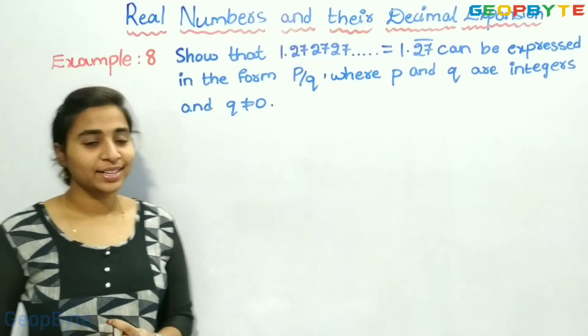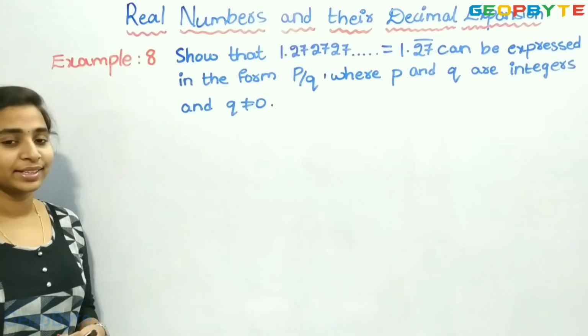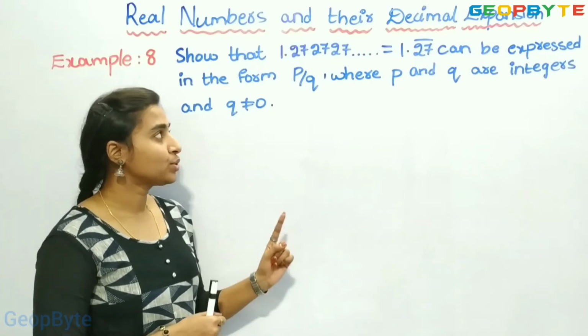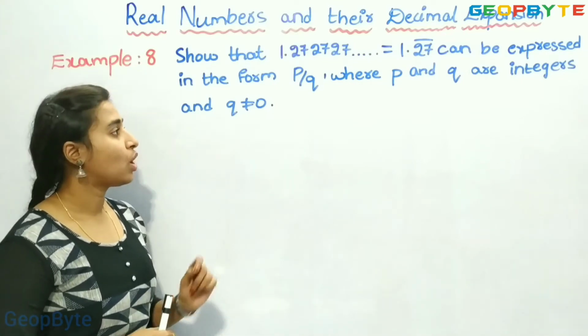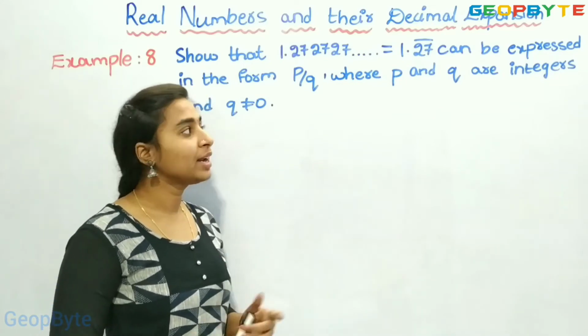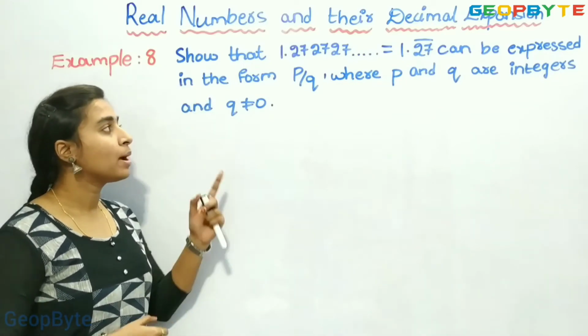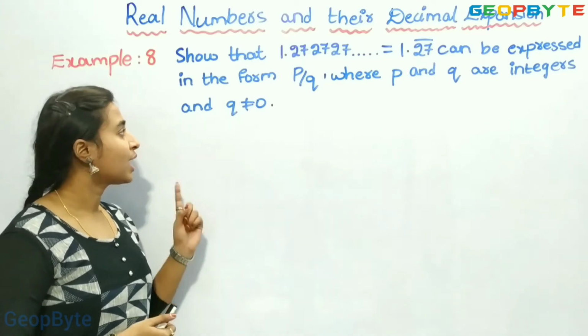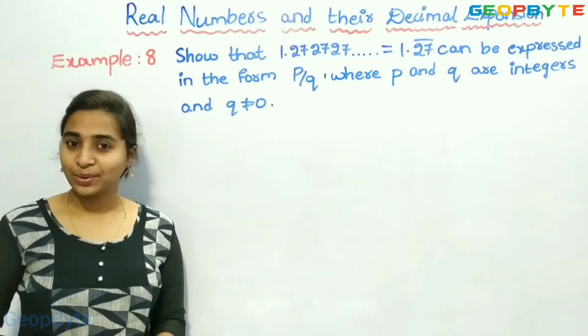Now, let us see example 8. Show that 1.272727 and so on is equal to 1.27 bar can be expressed in the form P by Q, where P and Q are integers and Q not equal to 0.